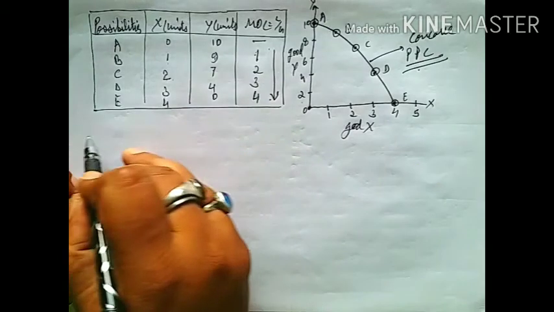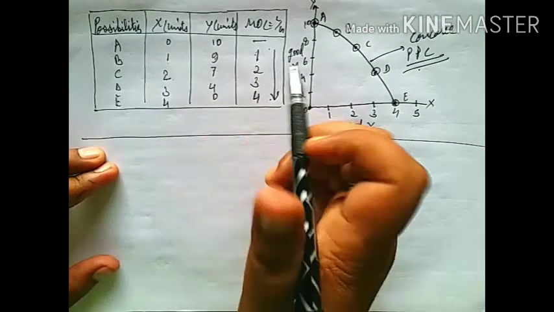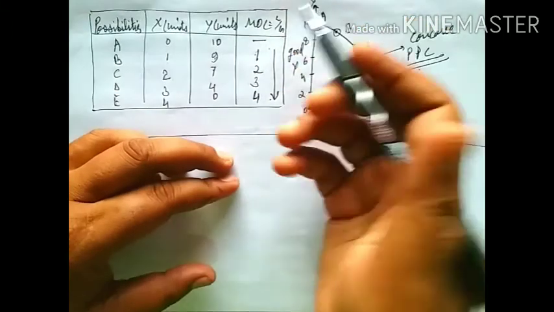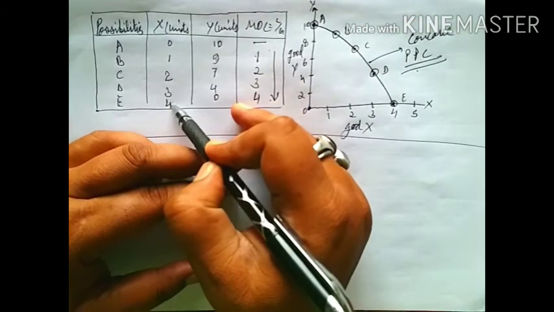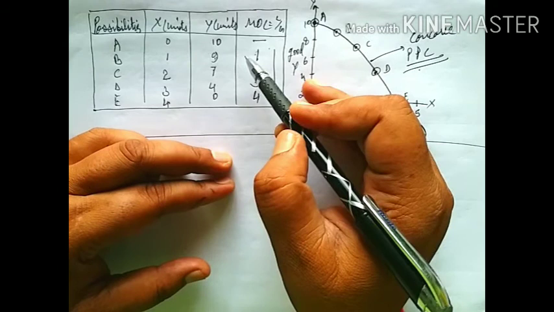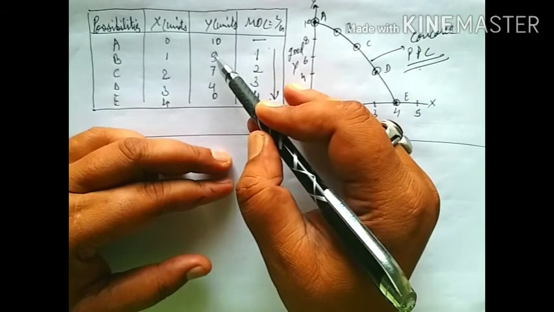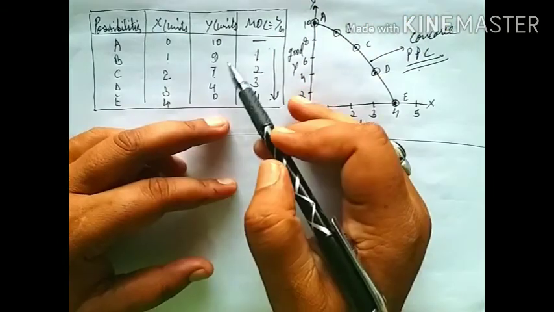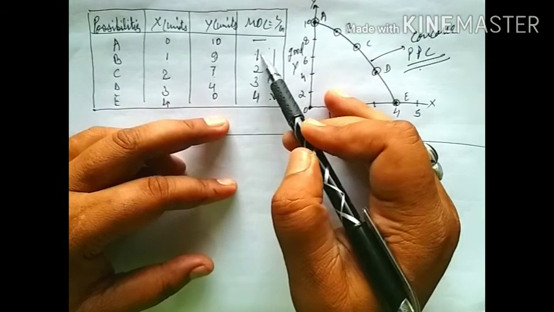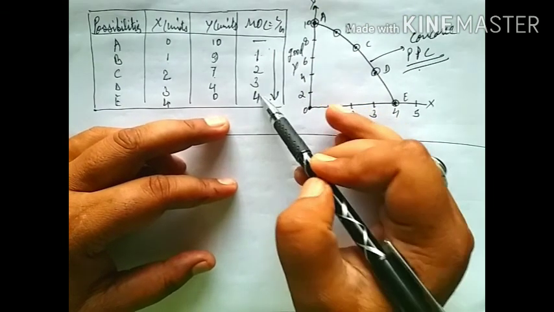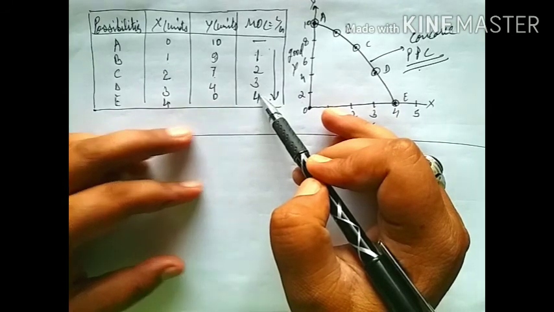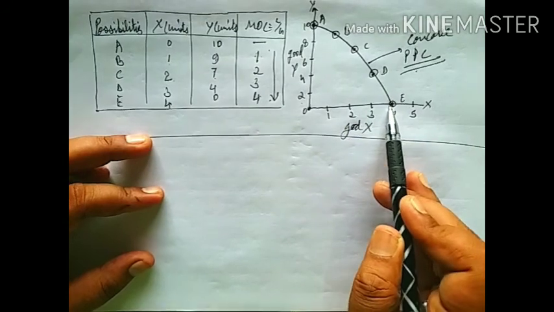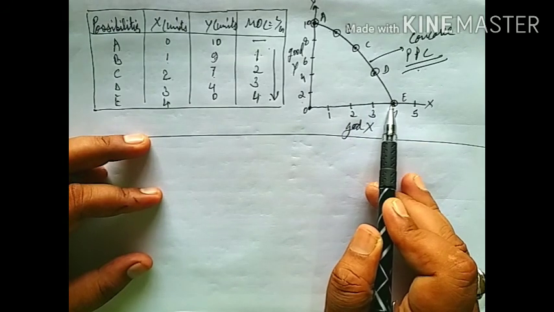So students, here it is clear that in order to produce more units of commodity X, the Y decreases at an increasing rate here, or MOC increases. Now this reason will cause the concave shape of the PPC.